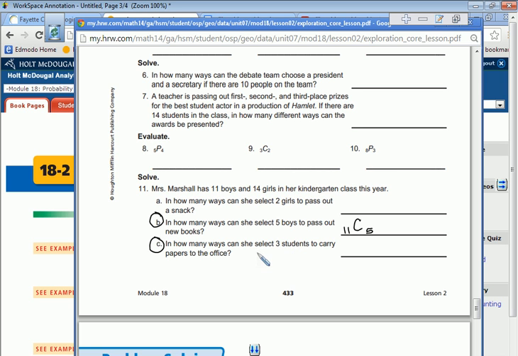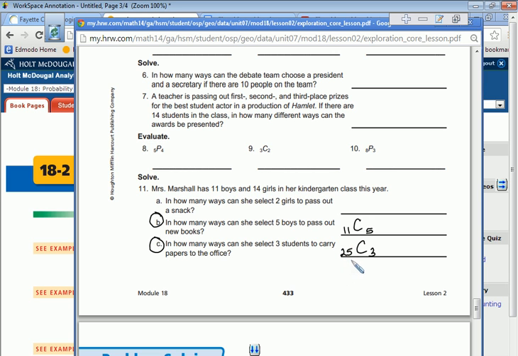And then on this one, how many ways can she select 3 students to carry papers to the office? So we're not assigning roles again. So this time it's still a combination. We are going to choose 3, but since they're students, we're choosing out of the entire pool this time, so it would be out of 25.